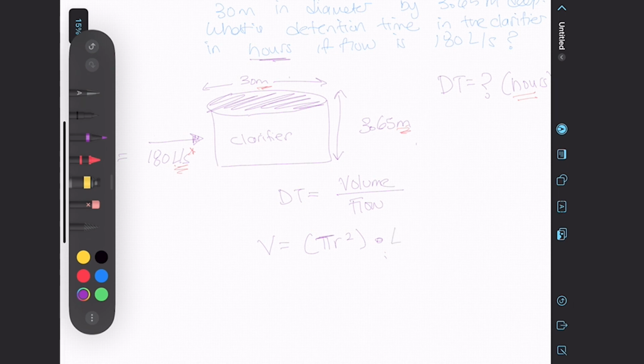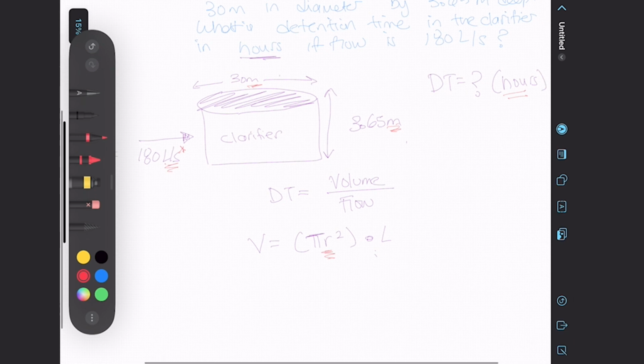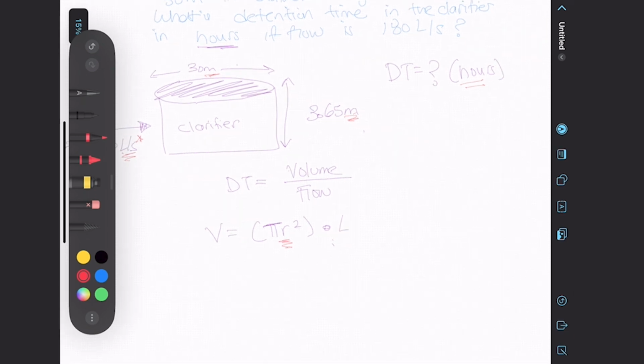So we notice that in our formula right now we have a radius, but we're given the diameter. So remember, how do we convert diameter to radius? Well, again, I'm a visual person. I like to draw things out. I know my diameter is 30 meters. Radius, we know, is half of that. So we're just going to go with 30 meters divided by 2, which is 15 meters.